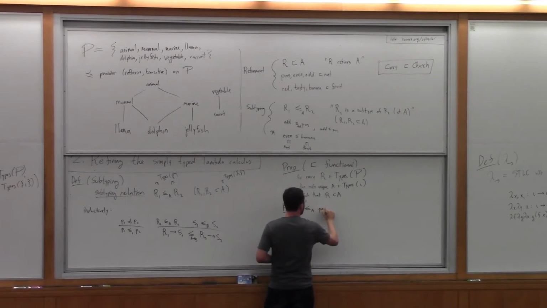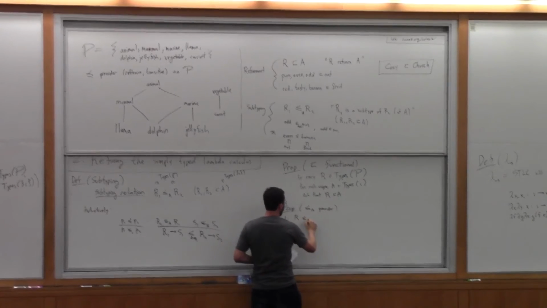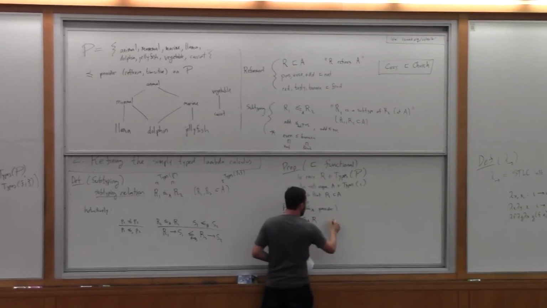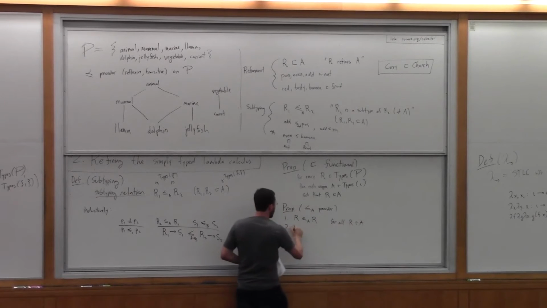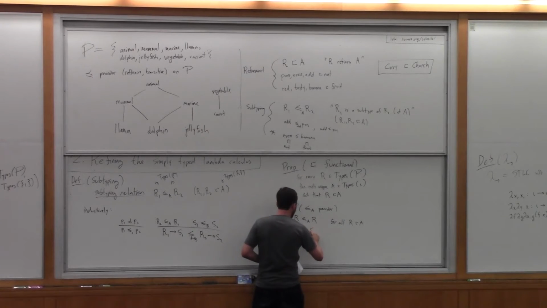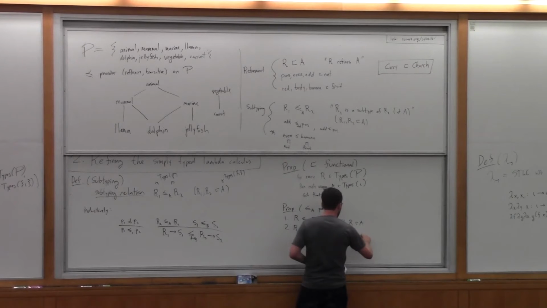So it's reflexive and transitive. We have that R is a subtype of R at A for all R refining A, and that if R is a subtype of S at A, and S is a subtype of T at A, then R is a subtype of T at A.